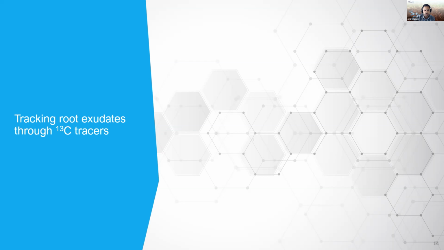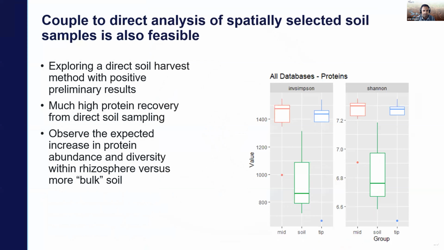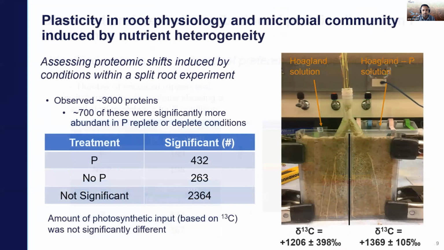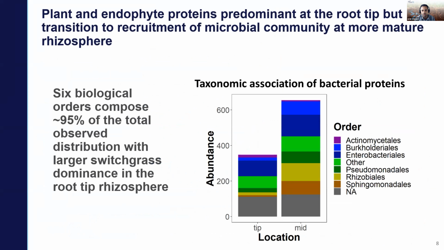I don't see a question in the chat box, but I have one question, Jim, for you. Sure. I think that was slide 7 or 8 when you were talking about a different trend that you see with the plant proteins and the specific microbial community proteins in different regions of the root.